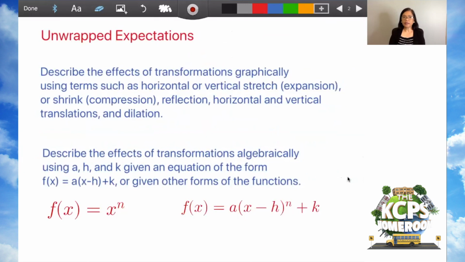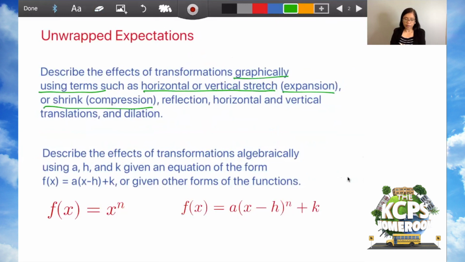So for this standard, we will focus also on the two enwrapped expectations. They are: describe the effects of transformations graphically using terms such as horizontal and vertical, stretch, the expansion, or shrink, which is compression.